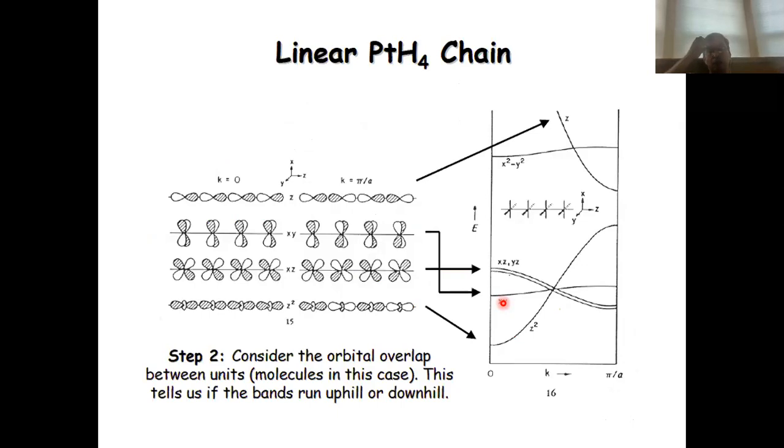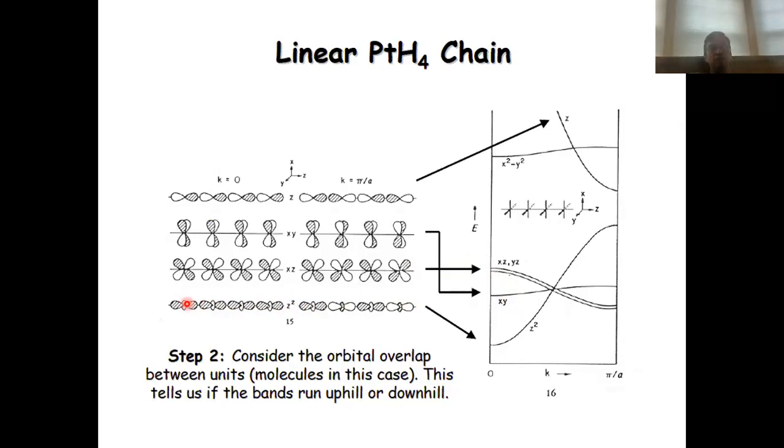We can first start with the dz square orbitals. Okay. So the metal dz square orbitals interact in sigma fashion. Okay. Therefore, we would expect strong orbital overlap and a wide band.